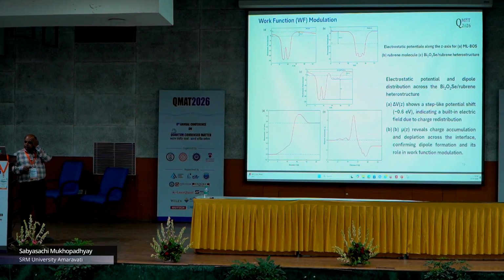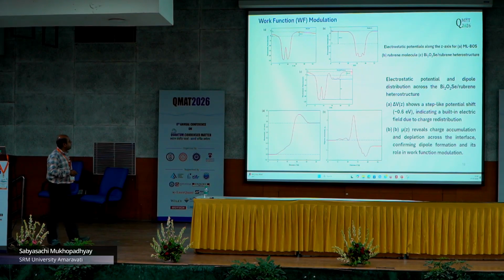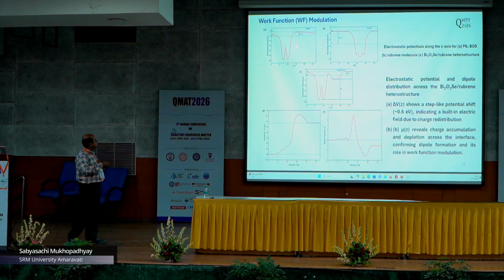So then we try to find out about the potential, what is happening at the interfaces. Those are the bulk one for the inorganic one and for the rubrene one, and this is at the interface one. So the interface electrostatic potential distribution is shown in A and then B in the lower plot.